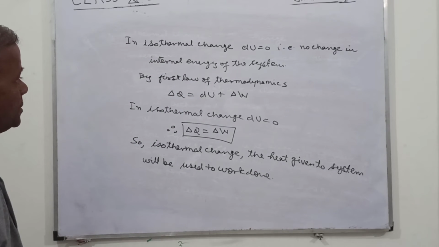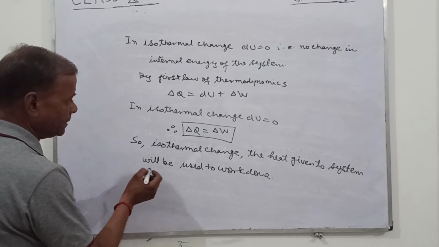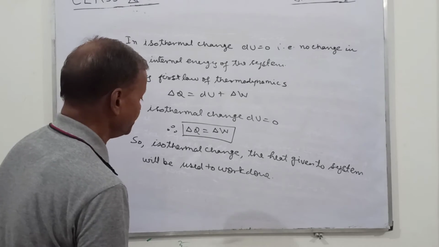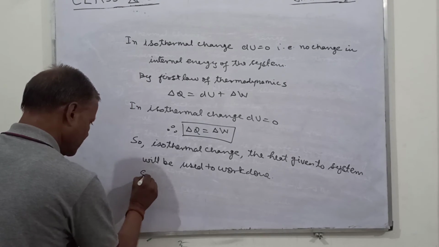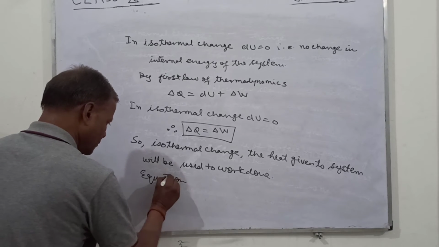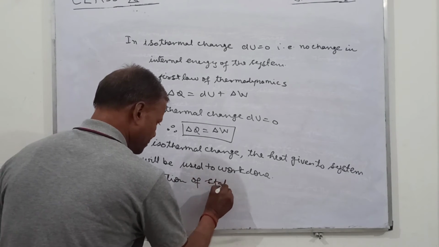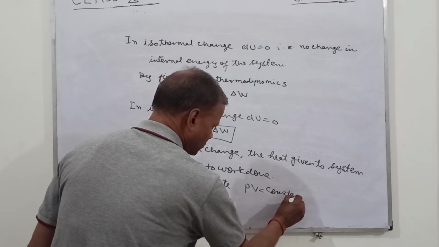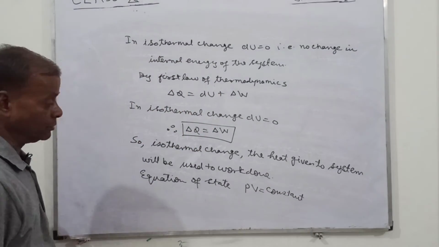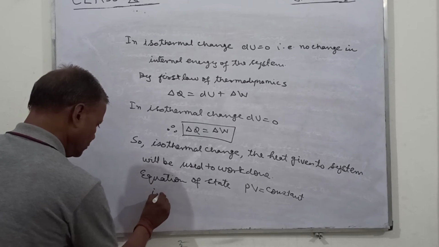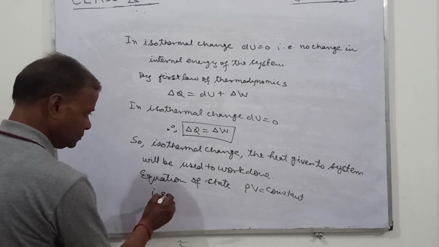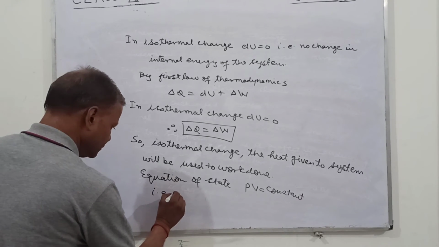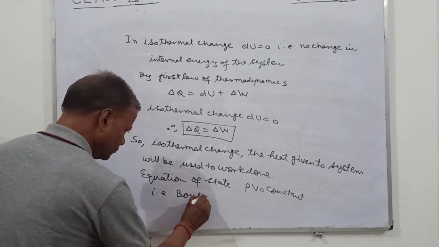And in such systems we can say that the temperature remains constant. So the equation of state is PV equal to constant. This is Boyle's law.